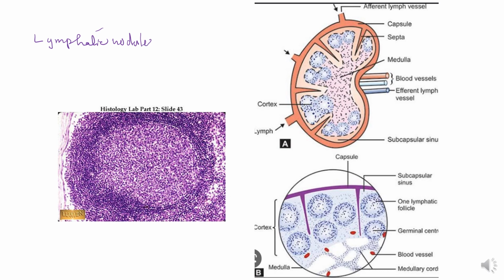There is a difference between the lymphatic nodule and the lymph node. Lymph node is the organ in which the lymphatic nodules are present. This is the lymph node and these are the lymphatic nodules which are present in the lymph nodes also. So, a lymphatic nodule is an aggregate of lymphocytes.